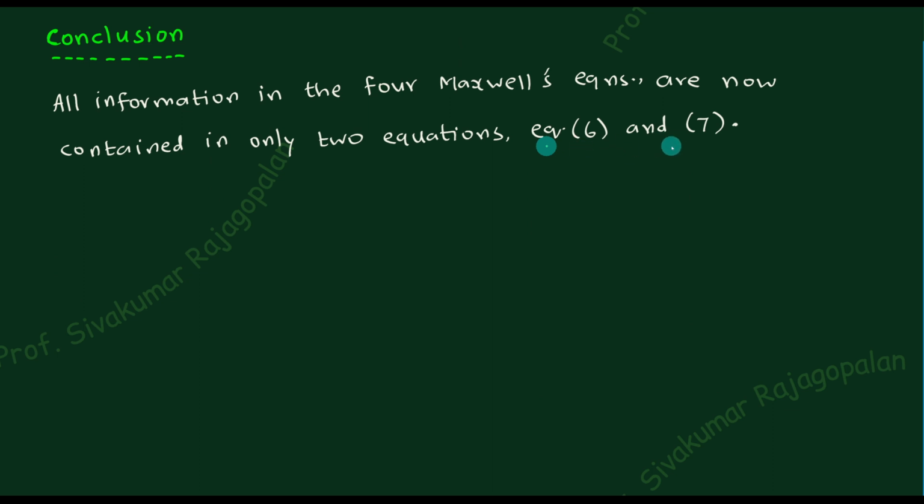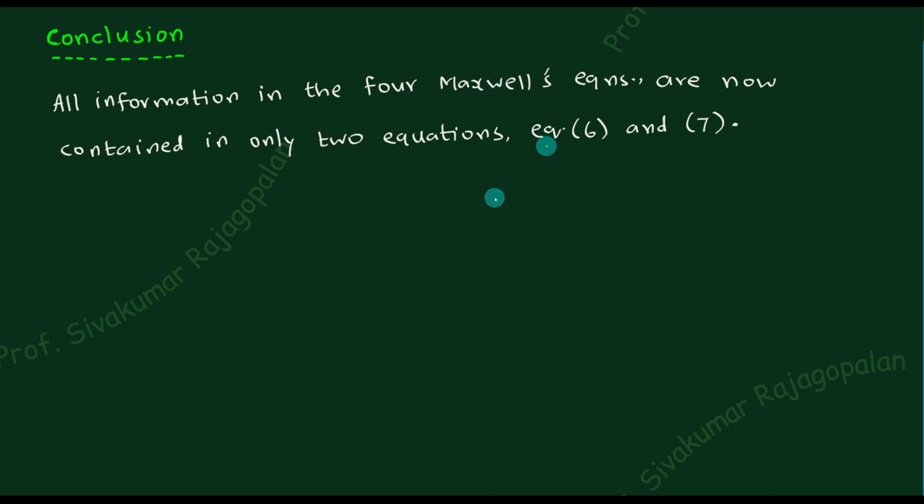Equations 6 and 7 are second order differential equations. The four Maxwell equations are all first order, and therefore there is nothing to worry about. Even though there are only two equations, they are second order, and therefore they contain all the information available in the four Maxwell's equations.